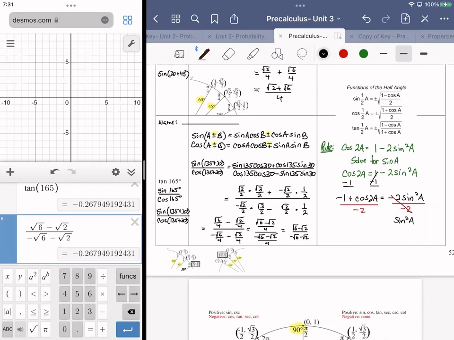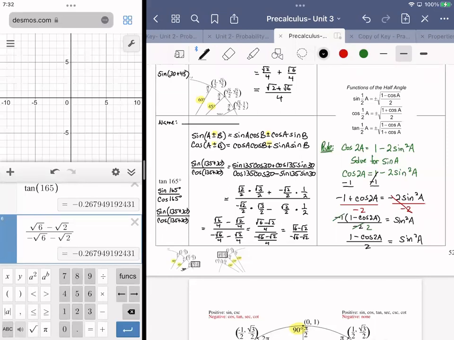And that would leave me with sine squared a is equal to, on the left-hand side, I got a -2 on the bottom. What I can do to handle that is factor out a -1 on the top, and simplify that -1 against the -2. And so what that gives me is a new ratio of 1 minus cosine 2a over 2 equal to the sine squared of a.